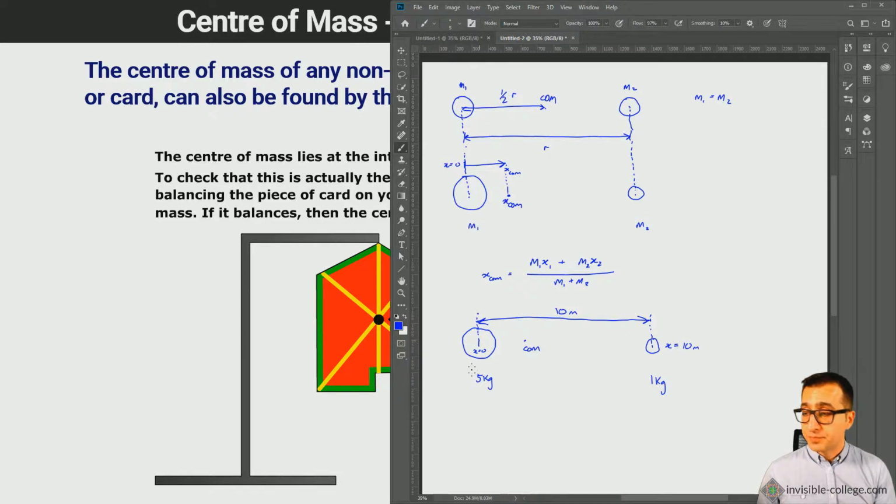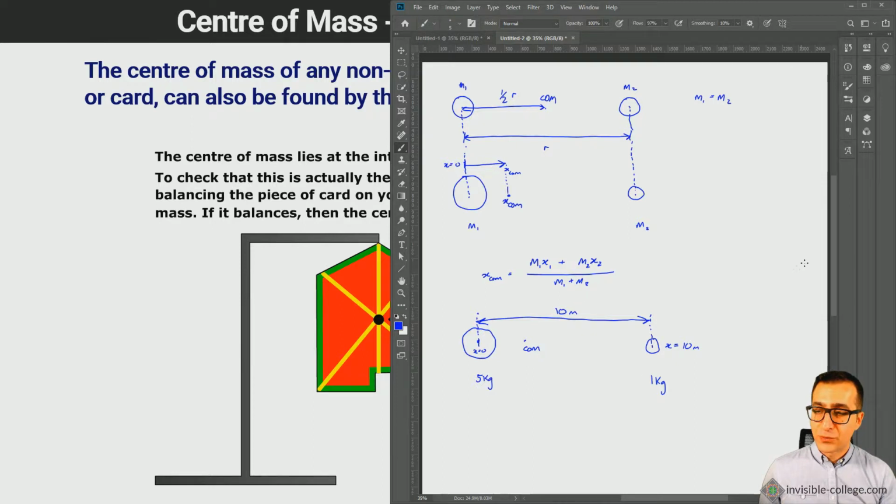So we have the mass of this object and its position, and the mass of this object and its position. Where is the center of mass going to be? How far away from the center of mass of this object will be the center of mass of the whole system? I'm going to pause here and let the students in attendance have a go at this question. Where will the position of this center of mass be relative to this position where we've designated x equals 0?